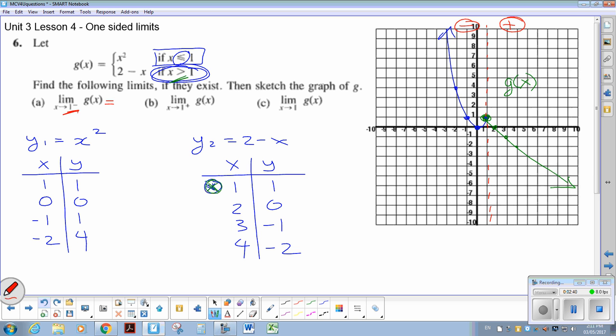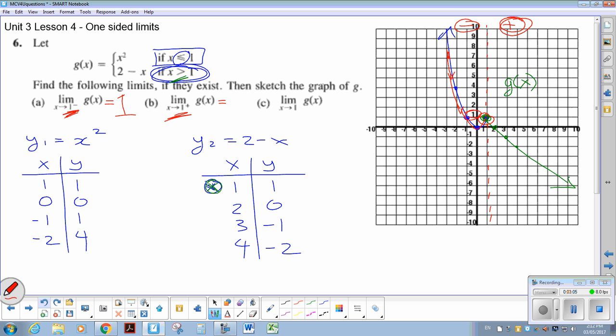So I'm going to slide down the graph on the negative side, because I want to see what the value is. And it looks like it's going to be a 1. So in one-sided analysis, as we approach it, it looks like it's going to equal 1. Now, the next question says do the same thing, but go from the other direction, the positive side.